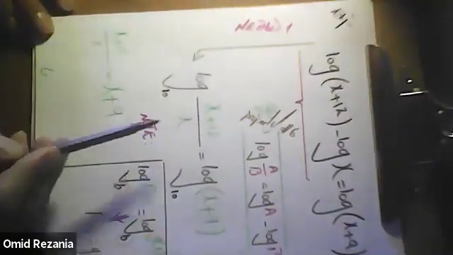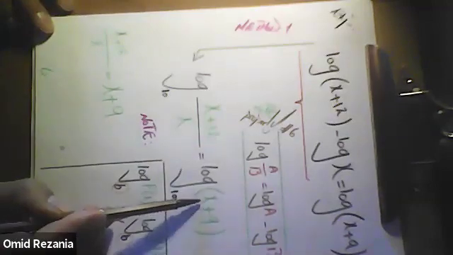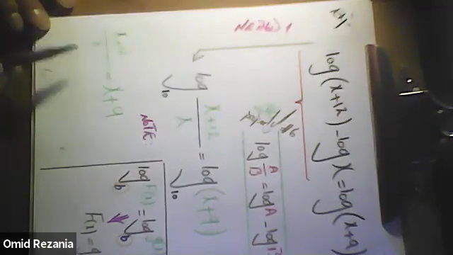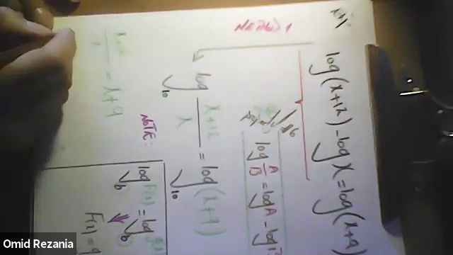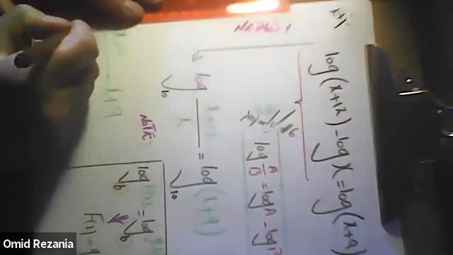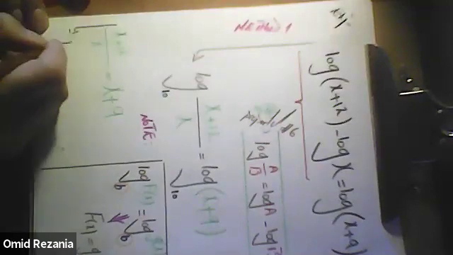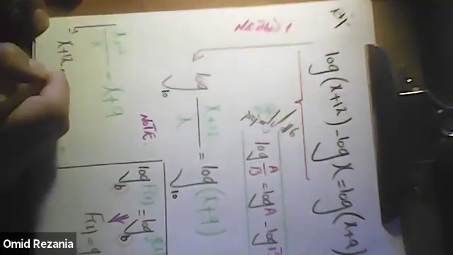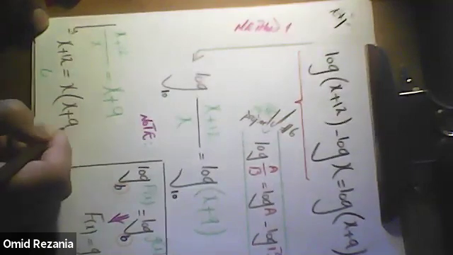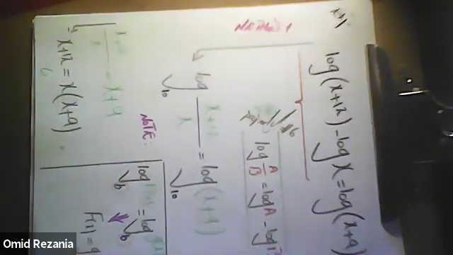Based on the theorem that we learned, in order to solve it, I multiply both sides by x. Then I have what? From this, I end up here. I have x plus 12 equals x times x plus 9. Right, guys?